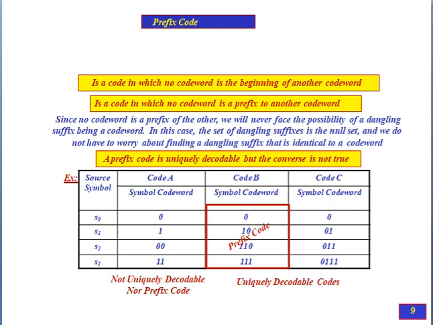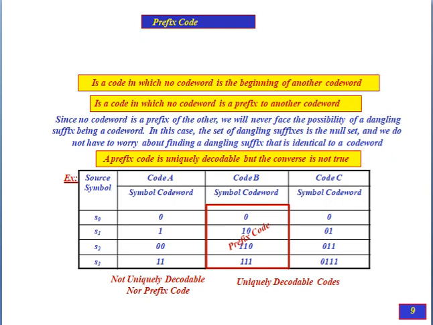Now, what is a prefix code? A prefix code is a subset of uniquely decodable codes, a type of uniquely decodable code, in which no code word is the beginning of another code word. Second, it is a code in which no code word is a prefix to another code word.